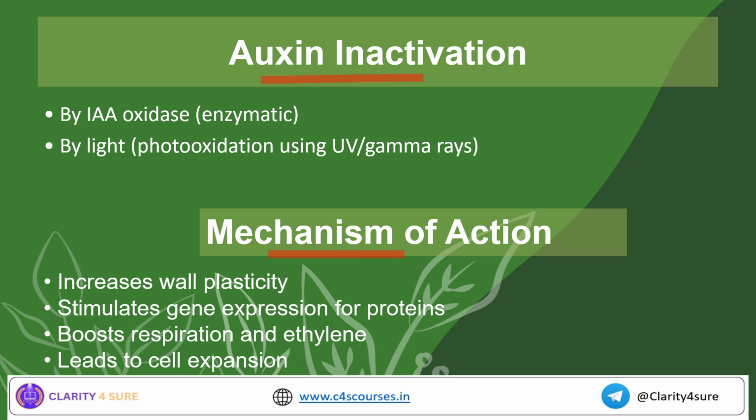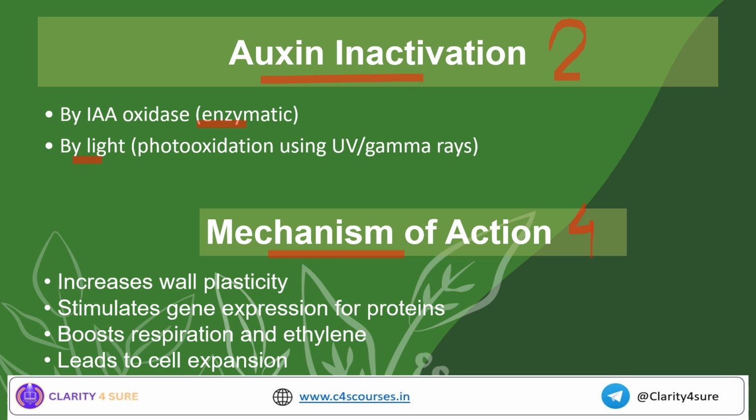I have discussed this earlier, that inactivation happens in 2 ways and the mode of action happens in 4 ways. So the auxin inactivation happens in 2 ways. The first way is with the help of an enzyme and the second is with the help of light.